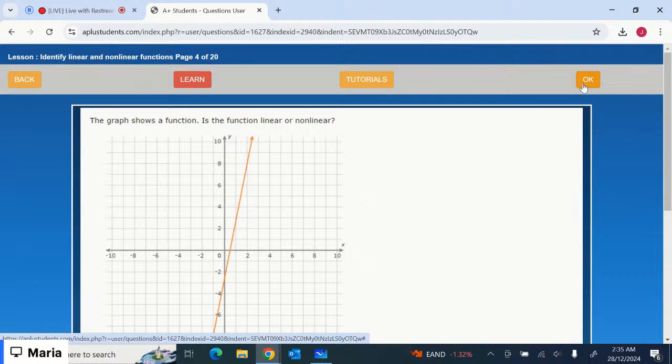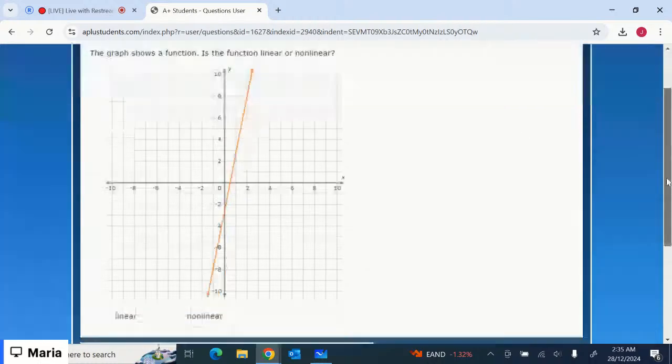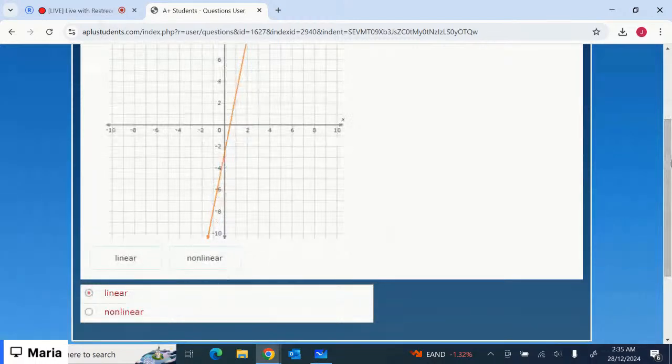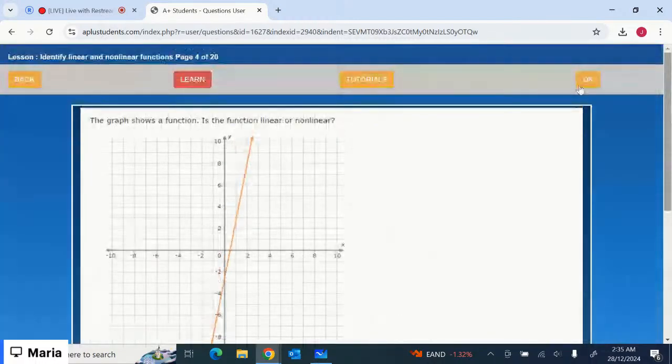The graph shows a function. Is the function linear or non-linear? That is the linear function. Option number 1 is the correct option.